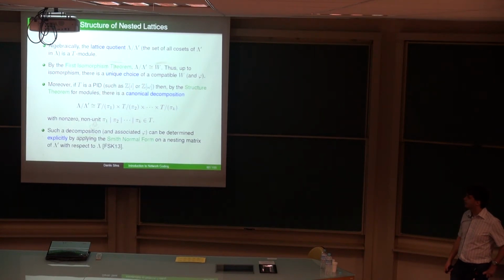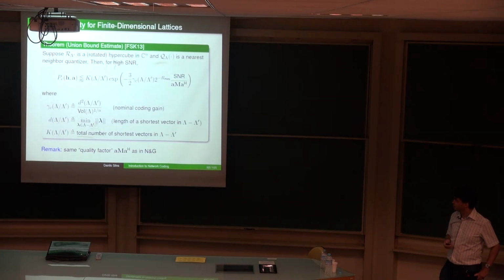And if you know the nesting matrix of your sublattice into your fine lattice, then you can use the Smith normal form to find an explicit mapping and an explicit decomposition of the group. Okay, so there's a practical way to find the structure of the message space from any nested lattice pair that you use.